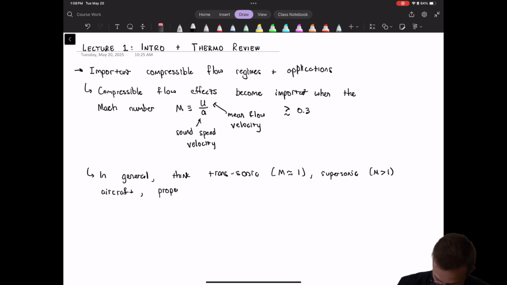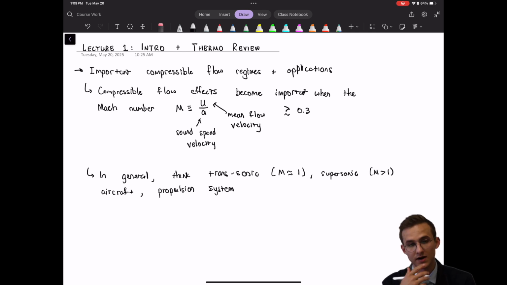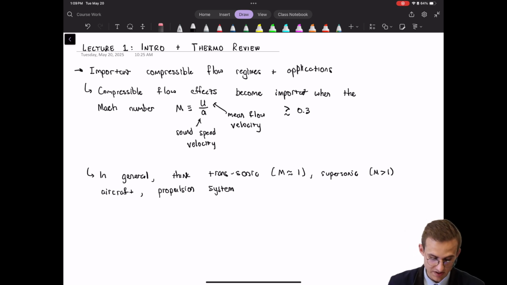We also will think of propulsion systems. Even if the overall aircraft is not moving at speeds approaching a Mach number of 0.1, the flow within the propulsion system or engine might be in a compressible flow regime. So you need this analysis to be able to design those types of systems.